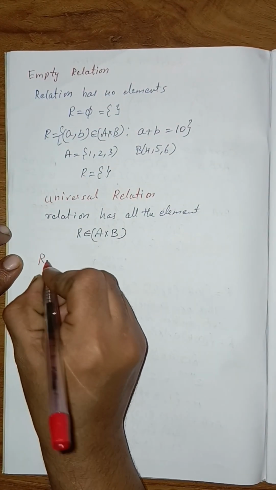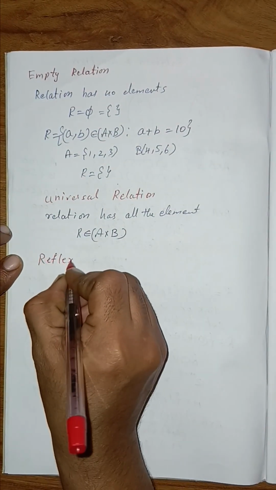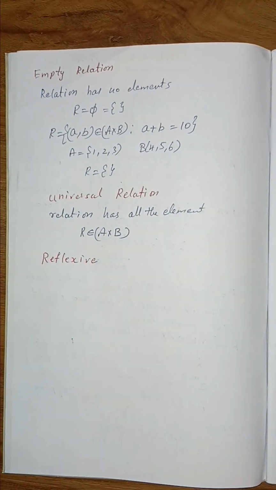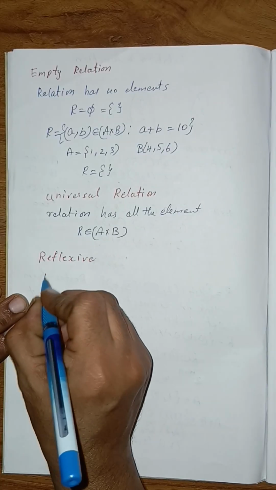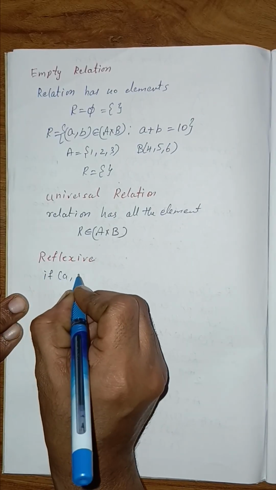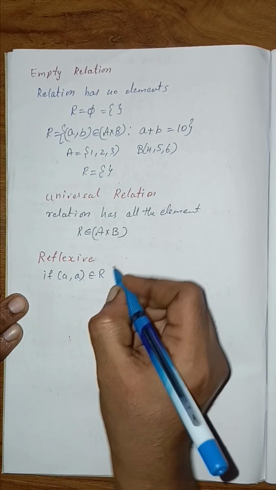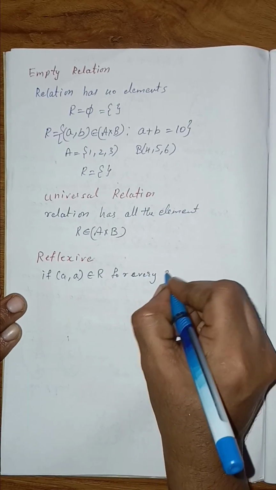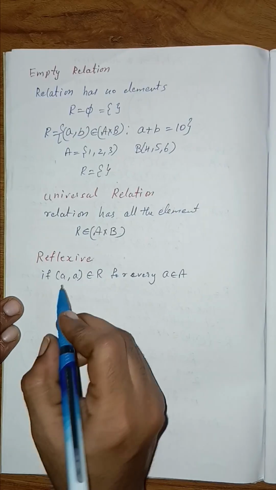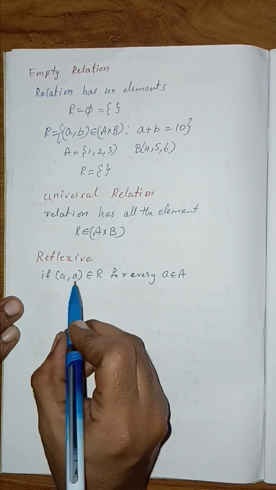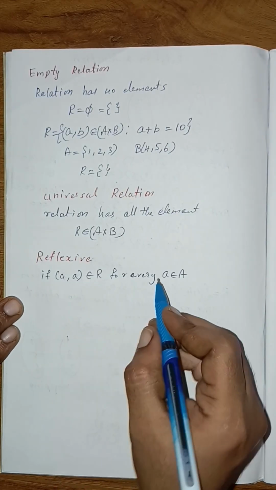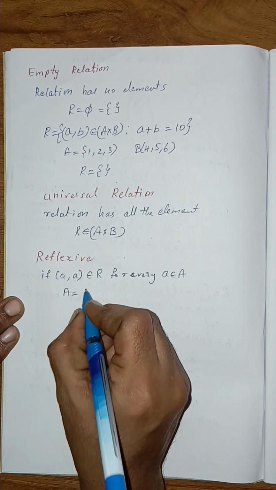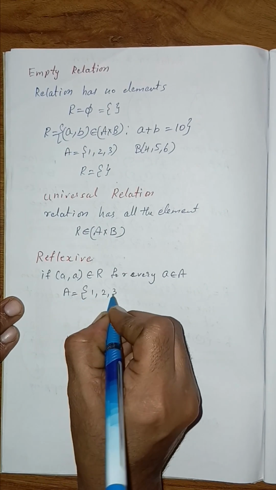Next is reflexive. So a relation is said to be reflexive if A comma A belongs to R for every A in the set. So here, all the elements a comma a should belong to R. If we take an example, A is equal to 1 comma 2 comma 3.